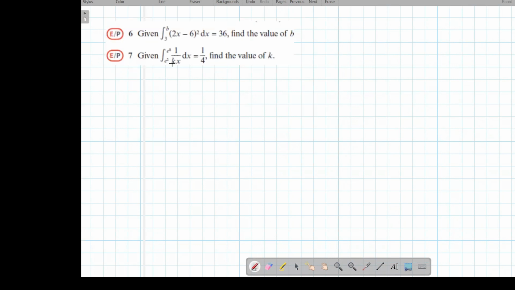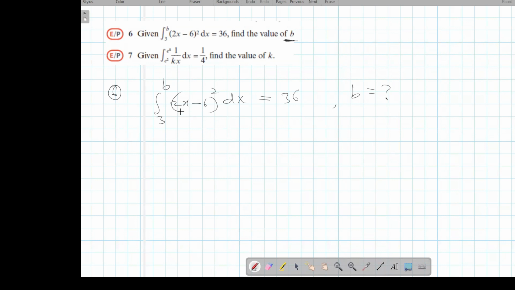Okay. So number 6 says that, given is the integral from 3 to b of (2x minus 6) squared dx is 36. Here we have to find the value of b.